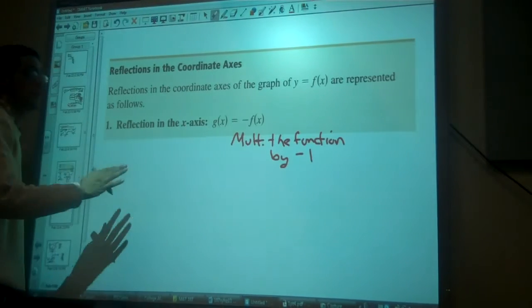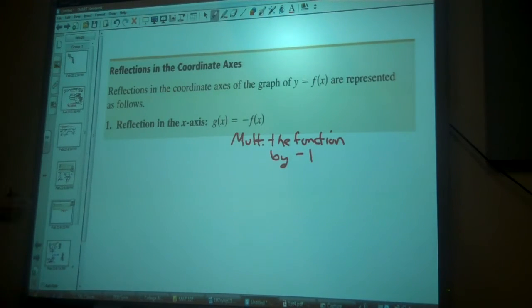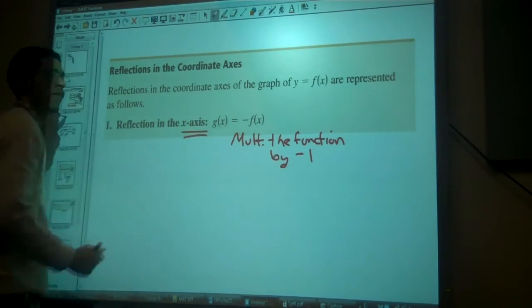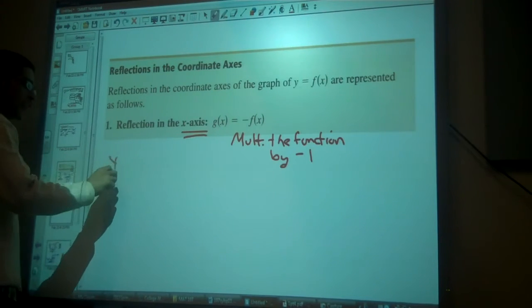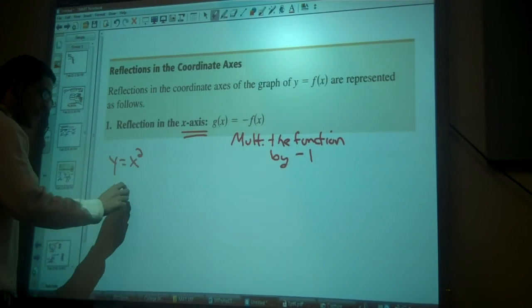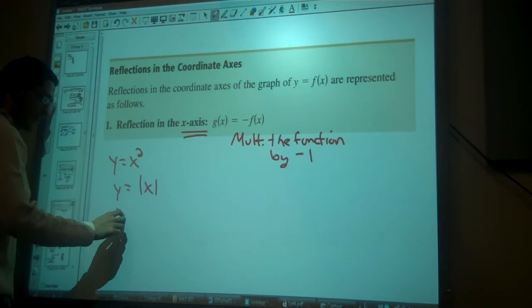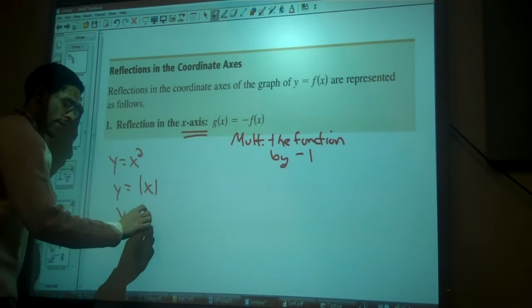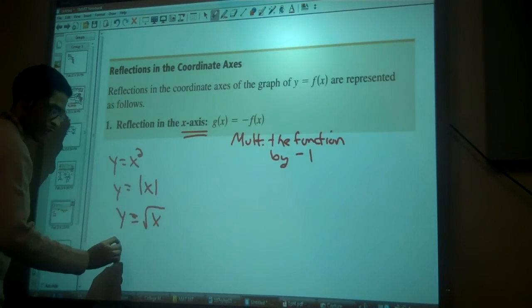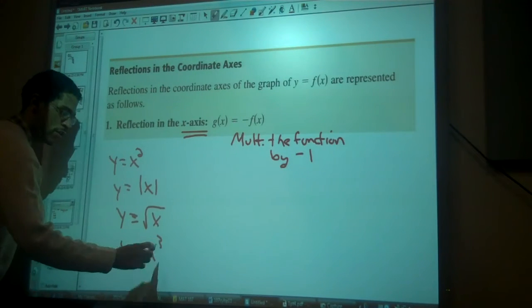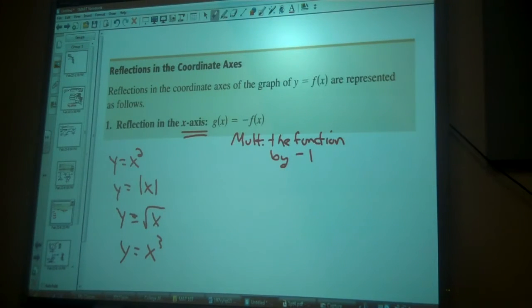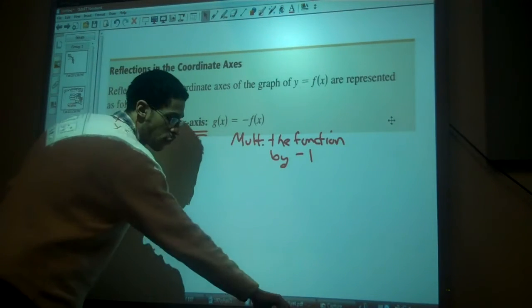That's how you accomplish a flip across the x-axis. So here's all our functions: x squared, absolute value of x, root x, and x cubed. If I want to take these and flip them over the x-axis, I multiply them by -1.